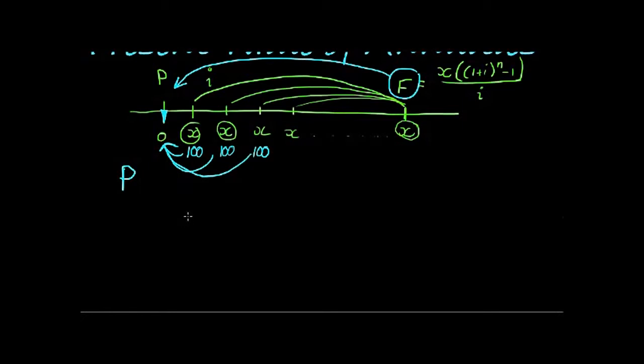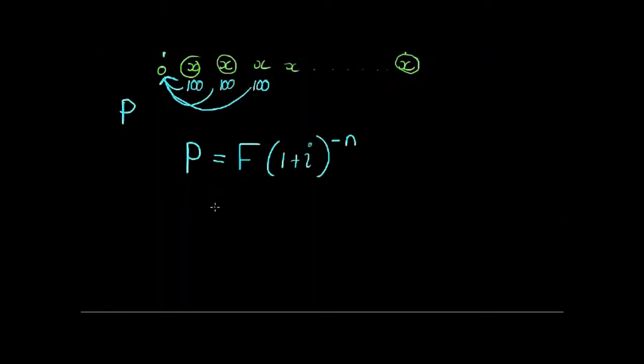If I were to say the present value is equal to the future value that is discounted. How do we discount again? We take it back with a negative exponent. That's the discounting. We know what the future value formula is, so we just substitute it in: x times (1 plus I to the power of n) minus 1 over I, discounted with the same n.